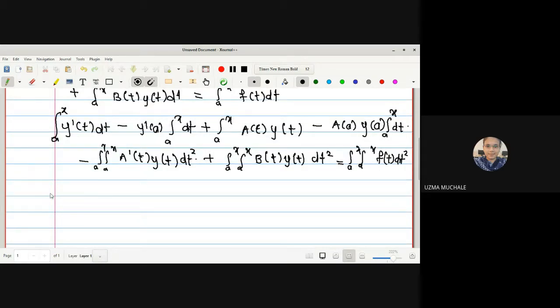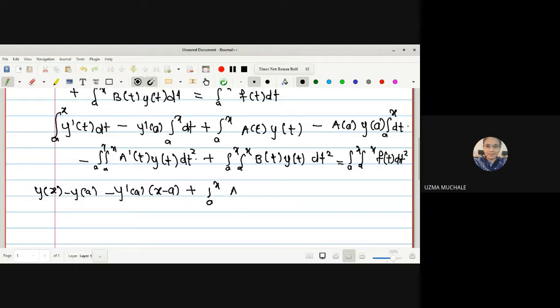So now let us put up these limits. Integration of y dash will be simply y of t. Now let me write down directly. It will be y of x minus y of a minus y dash of a. Now integration value is simply t. So if it is t within the limit a to x, I can write it as x minus a plus what is the next term?